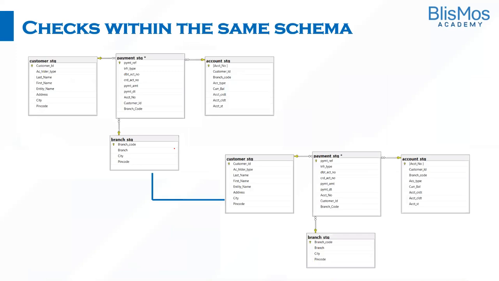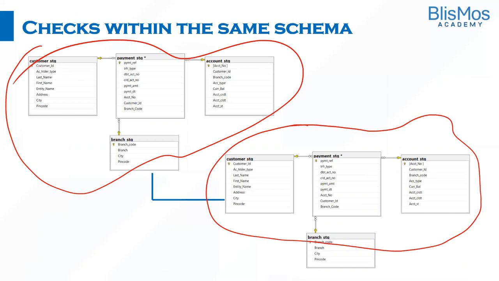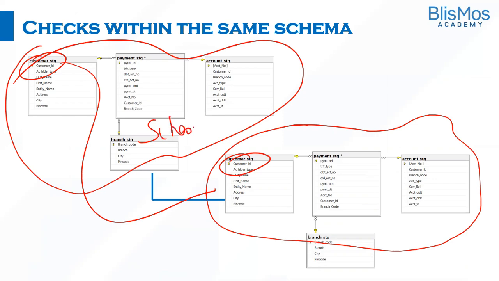For example, here, this is one schema and this is another schema. So we do have a customer ID here and we do have a customer ID here. So this is schema 1 and this is schema 2. The customer ID in the customer table of schema 1 should be the same as that in the customer table of schema 2.